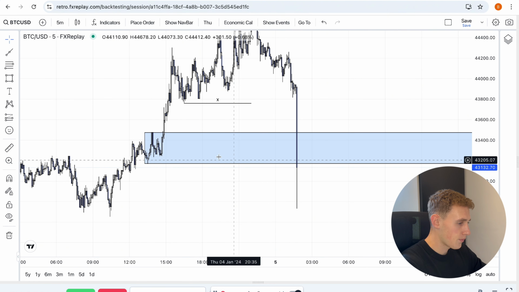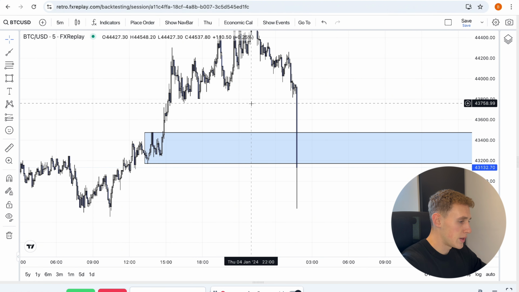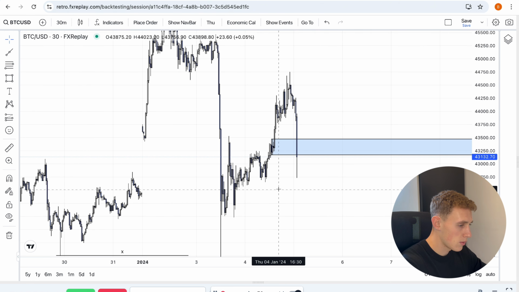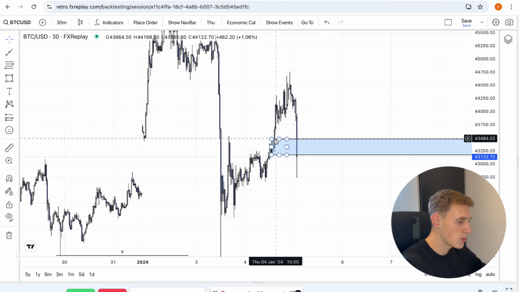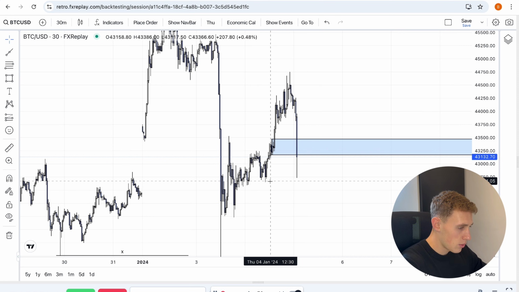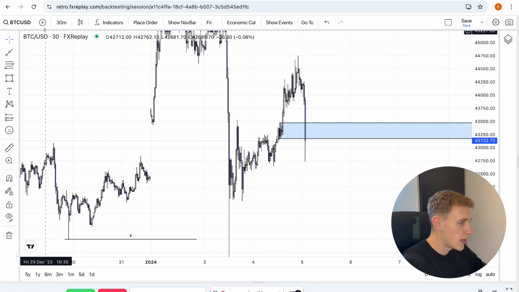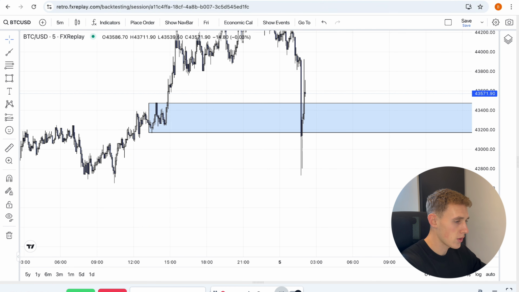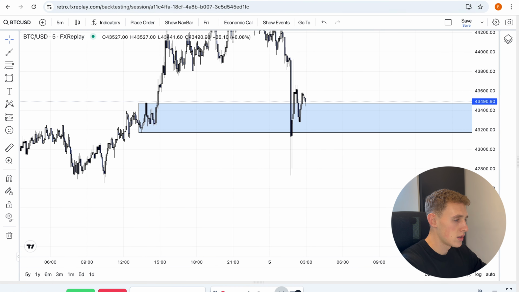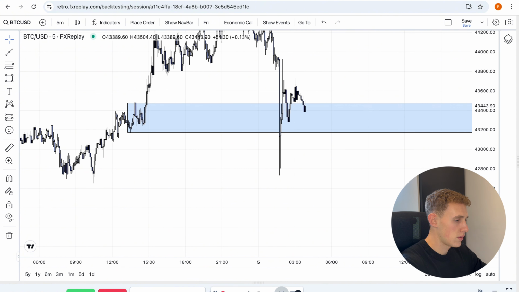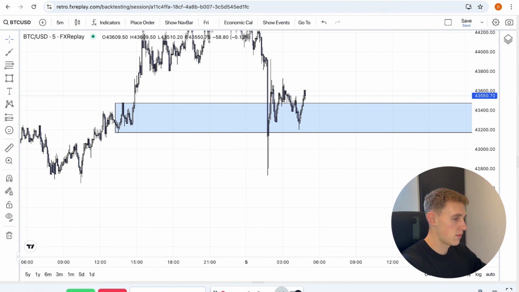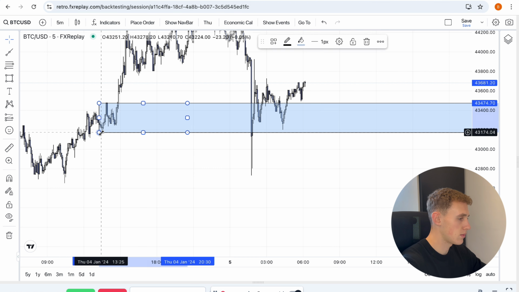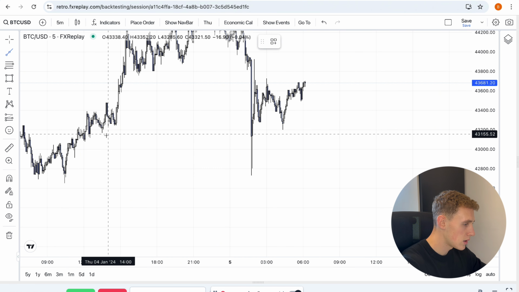There we go. So obviously we didn't react from that zone. Once again though, it has just swept all of these lows, so this would be an optimal place to look for the buys in my opinion, if we can get some lower time frame confirmations. So I'm just going to get rid of that quickly.